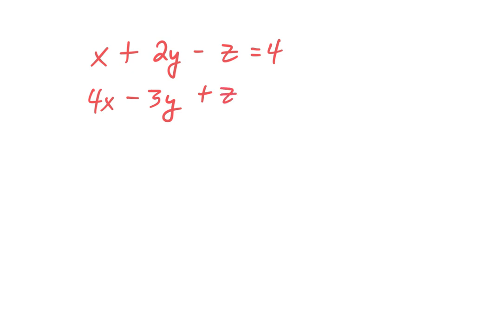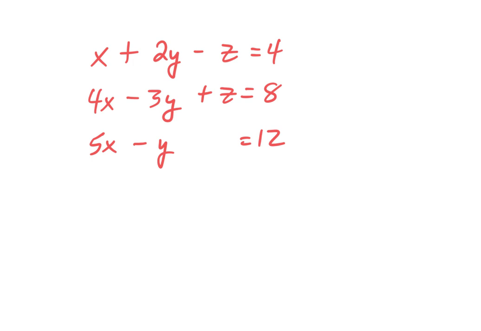So let's try this one. x plus 2y minus z equals 4. 4x minus 3y plus z equals 8. 5x minus y equals 12.